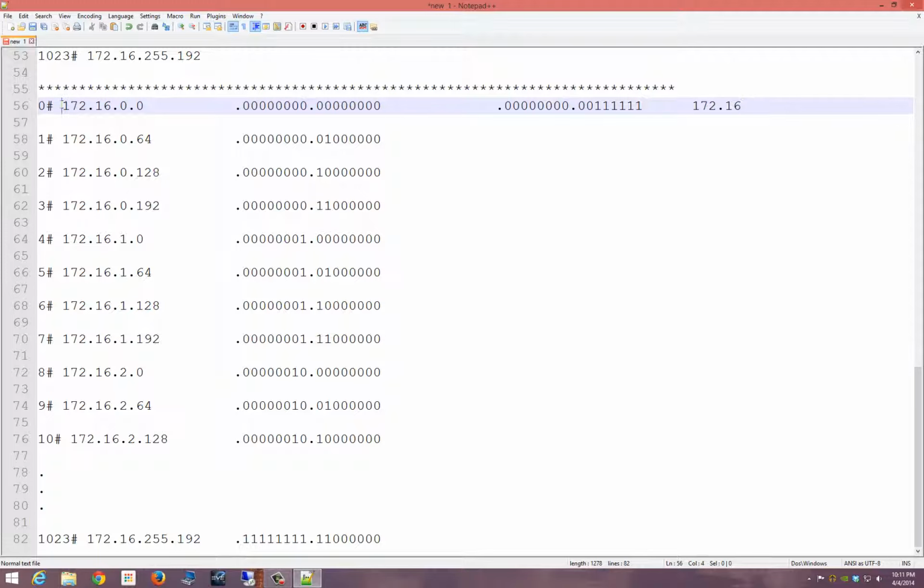Copy over the first 2 octets. We didn't convert these because they'll remain the same. Then convert the last 2 octets from binary to decimal, and here is our broadcast address for this subnet. Do this for all the other subnets.